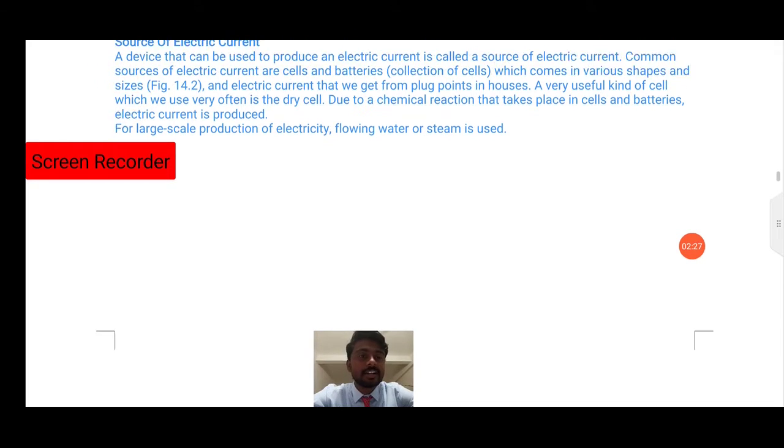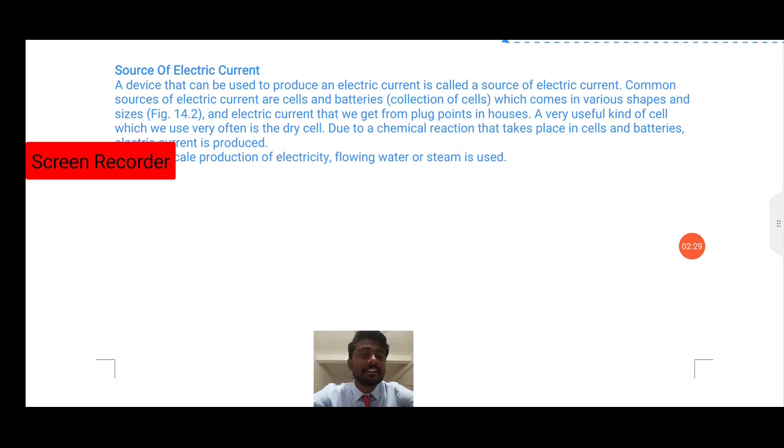Okay, dear students, do all of you understand the source of electric current? A device that can be used to produce an electric current is called a source of electric current.